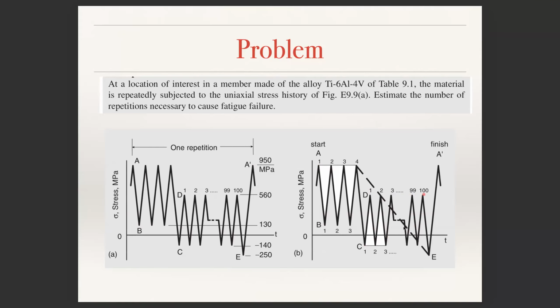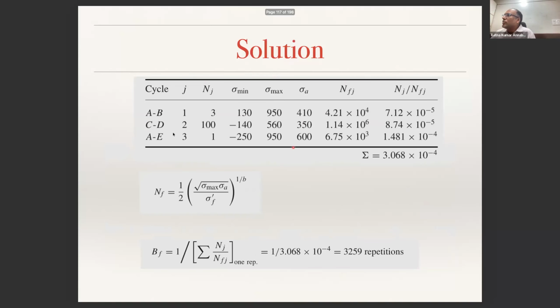Okay, if you do that, then it will be 101, no? Here, if you see peaks, 1, 2, 3, 3 peaks. Here, similarly, you have 100 peaks, right? 3 cycles, 100 cycles. So A to E, 1 cycle.